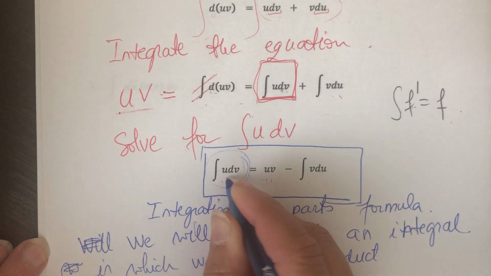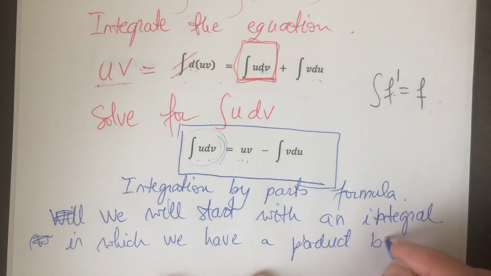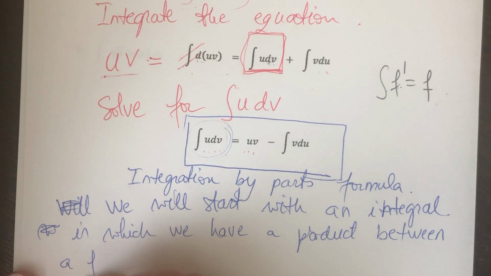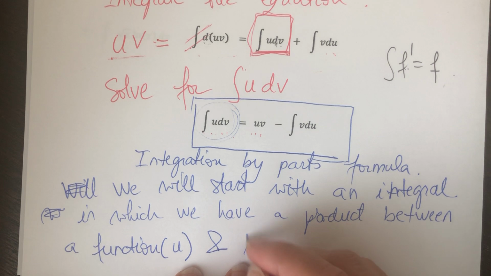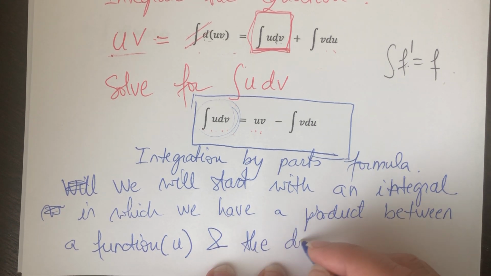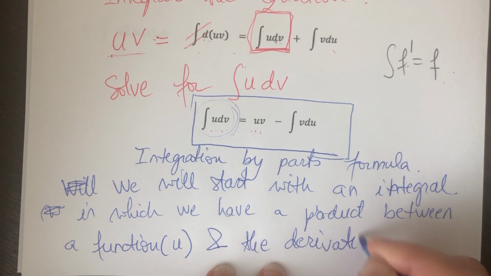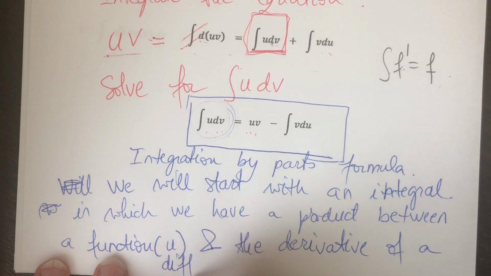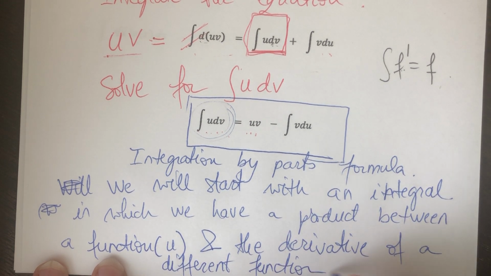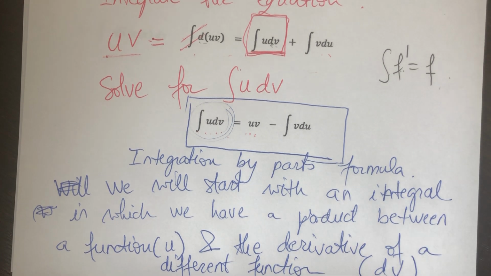I see a product in here, u times dv, between some function, let's call it u, and the derivative of a different function. We'll call that dv. And that's when integration by parts works.